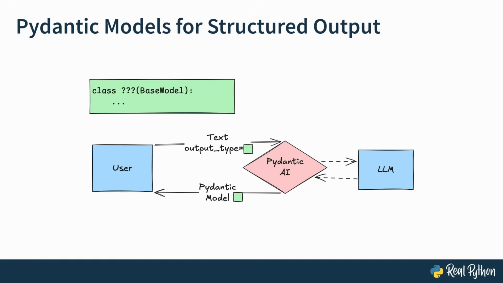When you make a request to the LLM through Pydantic AI, you just say, hey, I want the response to have this particular type, and you point it to your own model. And so Pydantic AI will reach out to the LLM, it will make a request, and when it gets the answer from the LLM, it will try to parse the appropriate values with the appropriate types to build the model you specified. So let's see this in action.